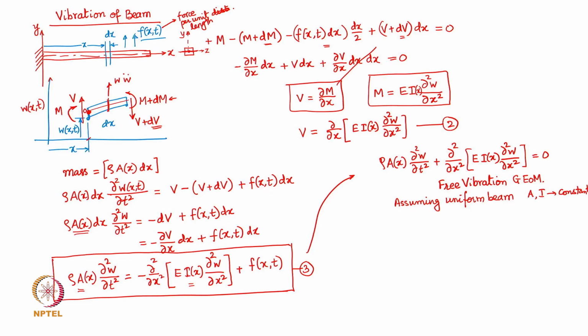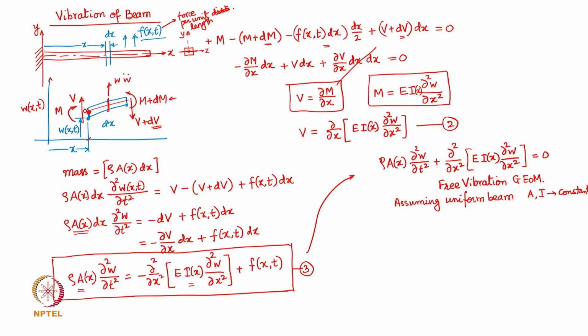Okay, so it doesn't vary with x. With that assumption only, if we proceed further, we will have a solvable governing equation. Otherwise, this is going to be a complex exercise to solve for w.